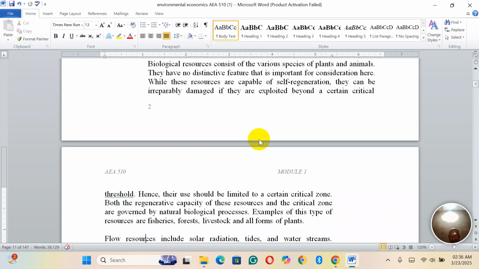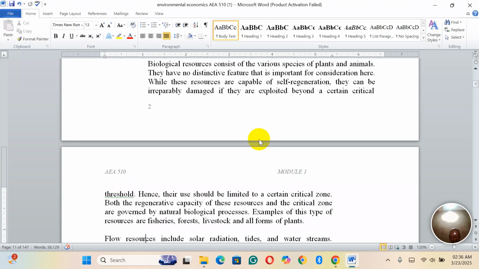they can suffer irreparable damage if they are exploited beyond a certain critical threshold, and their use should be limited to a certain critical zone.